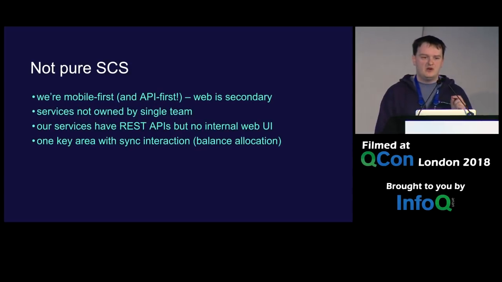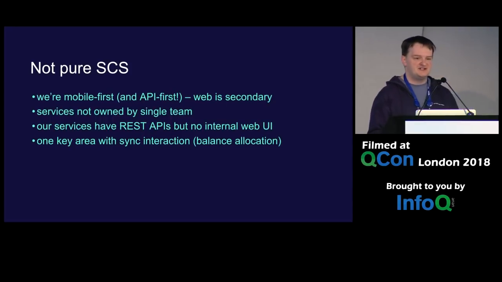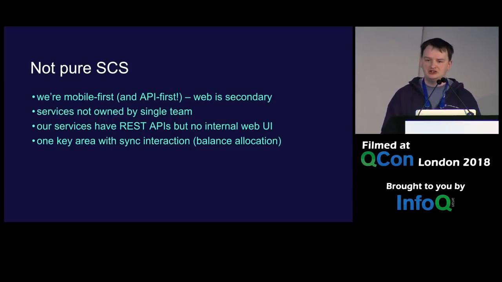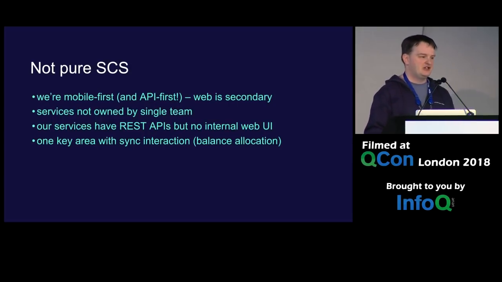And there is one key area where we have to synchronize. We try and keep everything asynchronous, but in balance allocation, which is what happens when you make a payment on your card, it's different. If you take your Starling card out somewhere and make a payment on it, we have an SLA that says we have to respond within a very short amount of time as to whether that payment can be made or not.